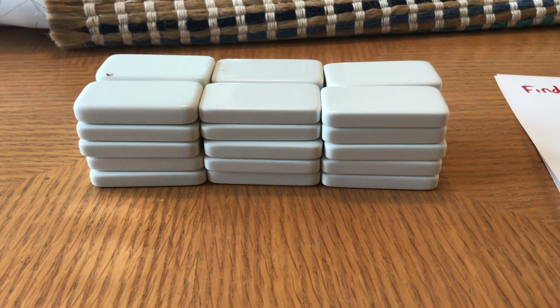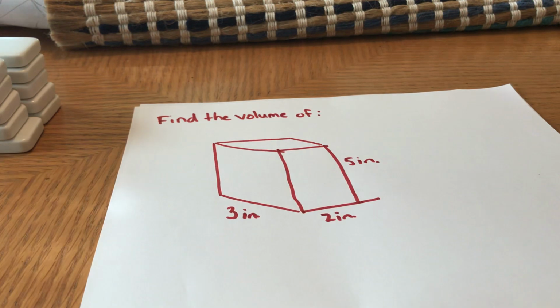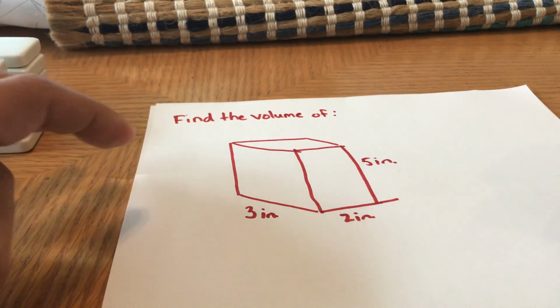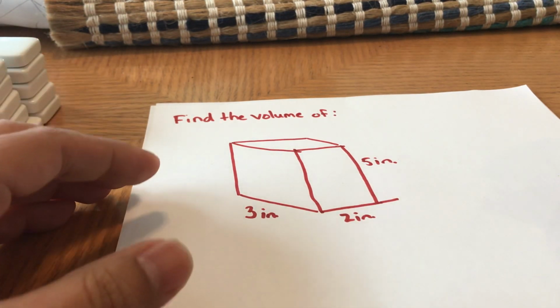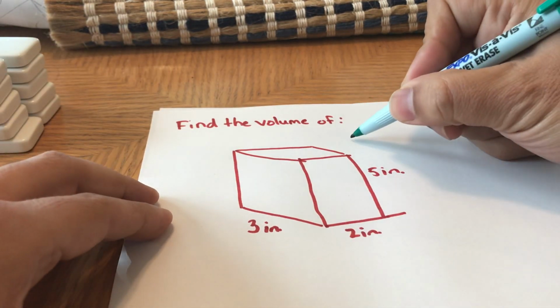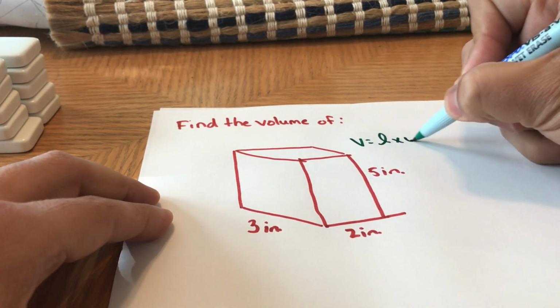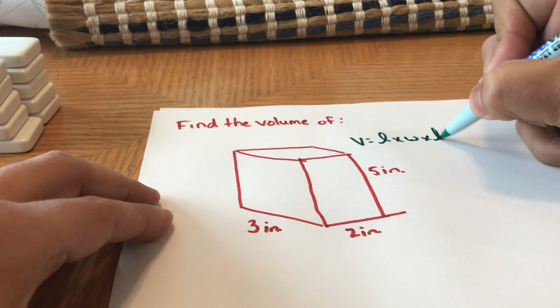But there's always a faster way to do it than making a drawing or something, right? So let's move that aside and go back to the volume. How do you find the volume of this shape? Well, it's simple. You know area is length times width. Well, volume is similar to that. You're just adding height now. So the formula is volume equals length times width times height.